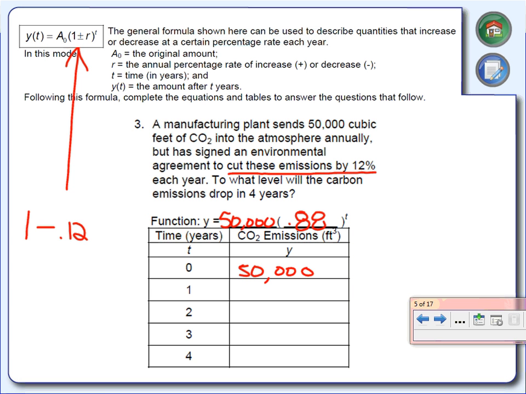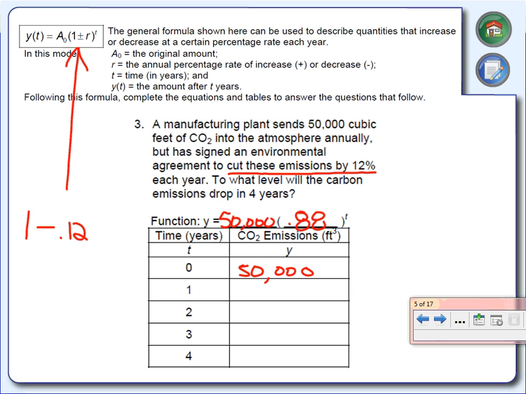All right, now that you have the equation, put it in your calculator. Let's finish up the table. Our original amount was 50,000. After 1 year, we're going to cut the emissions by 12%. So after 1 year, what do we have now for those CO2 emissions?